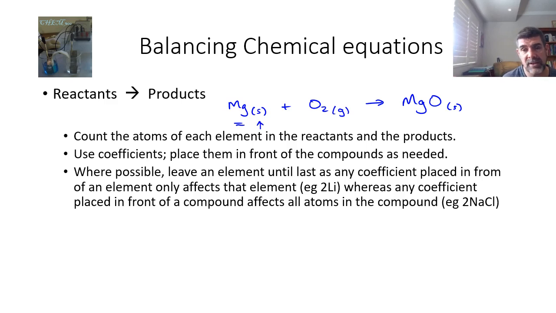Oxygen is actually in the atmosphere, it's in the air, and so when the magnesium combusts, it is combined with O2. That is the standard form for oxygen. It's a diatomic element and therefore exists as two atoms, and so it's also a gaseous form, so its subscript is a G for gas, and it's in its O2 form.